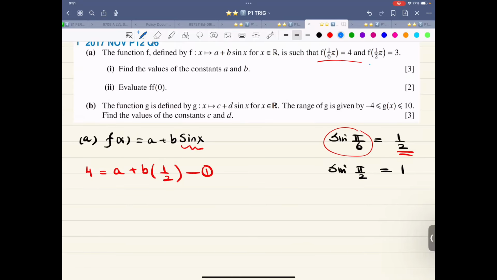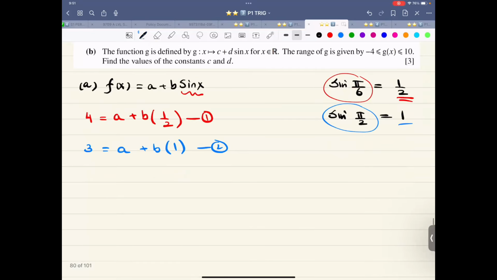Now let's focus on equation number 2. f of pi by 2 is 3. 3 equals a plus b times sine of pi by 2. Sine of pi by 2 is 1. So now solve it simultaneously. And this is just multiply or just do the elimination thing. So therefore, 4 minus 3 is 1.